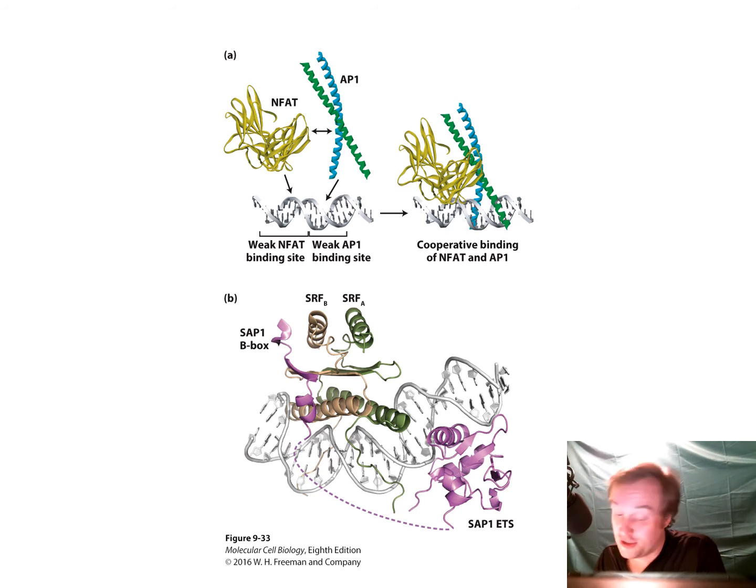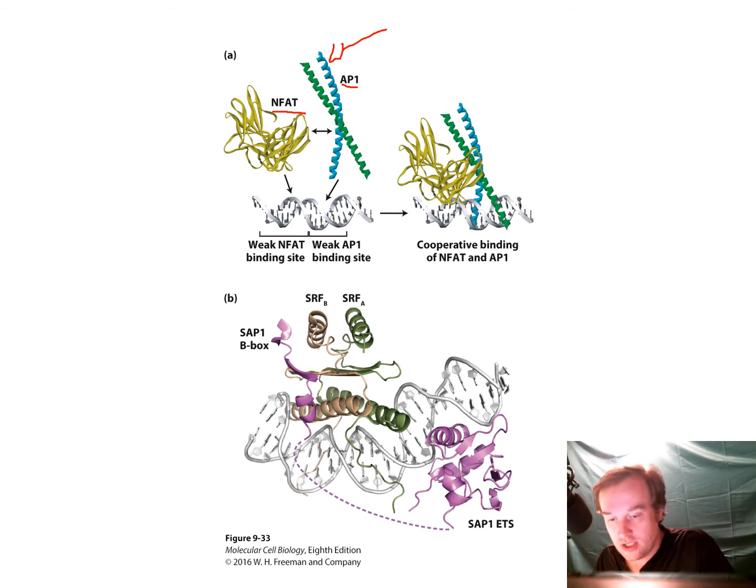In our example here is NFAT and AP1. And NFAT is a monomeric transcription factor, so it's just one single protein. And AP1 is heterodimeric, so it means it's a dimer. It has 2 subunits, and hetero meaning that they are different. So you can see one's blue and one's green, so they're not 2 copies of the exact same subunit.